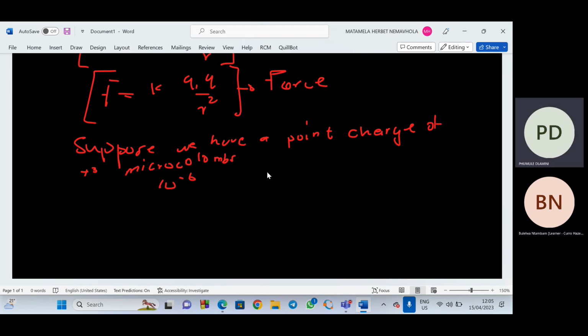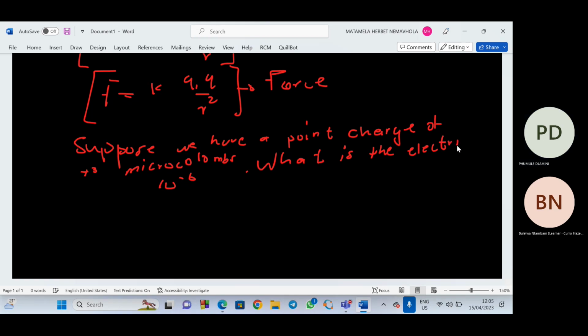And then the question says, what is the electric field at a distance of 0.1 meters from the charge?